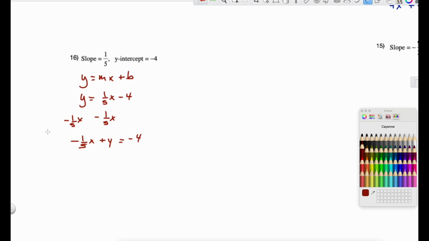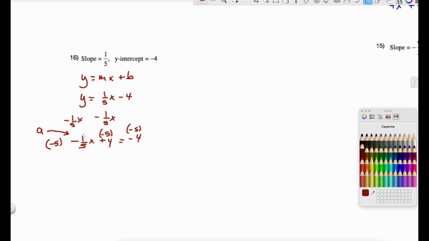We really don't like to have the leading coefficient, the letter a in front of x, be a fraction, or really be negative. We really want this number to be positive. So what can we multiply through to get rid of this negative fraction? Well, we can multiply through everything by -5, and it should do the trick.